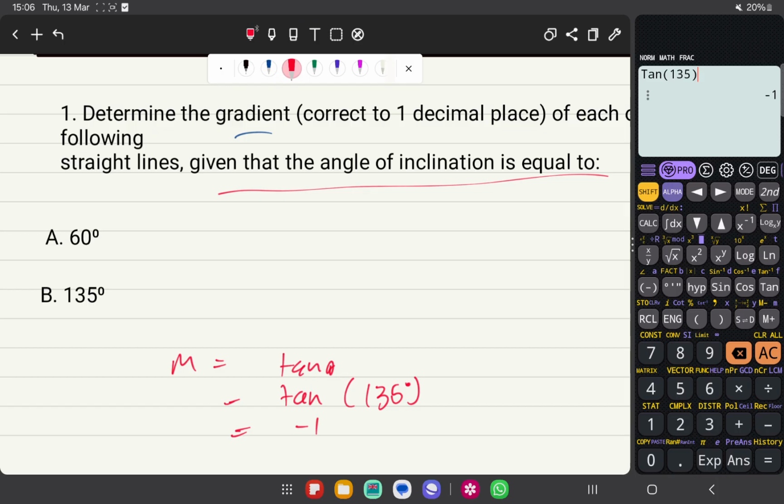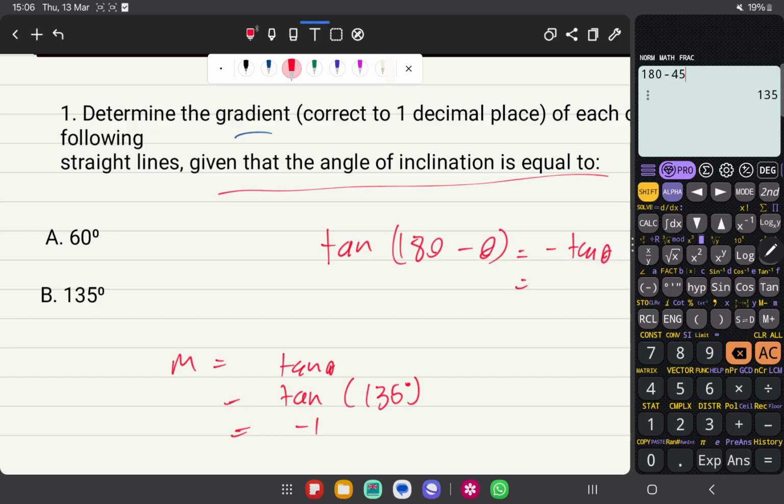Let me show you something, just a little bit of trigonometry. This looks like 180 minus 45. When you have tan of 180 minus theta, the answer is going to be minus tan theta.